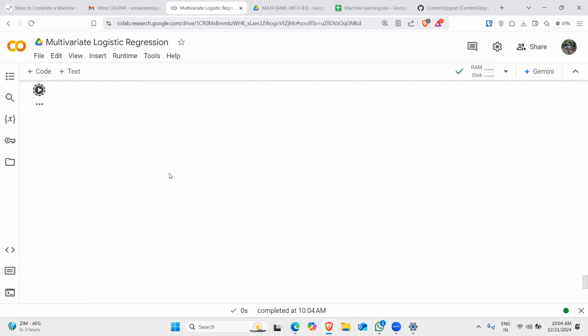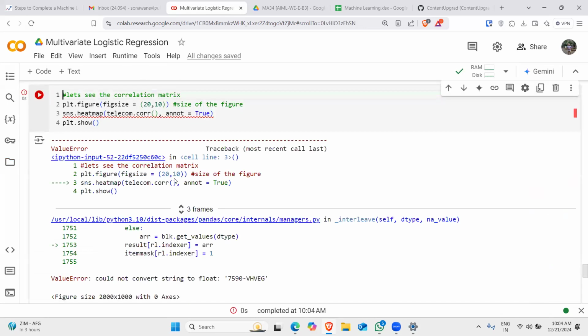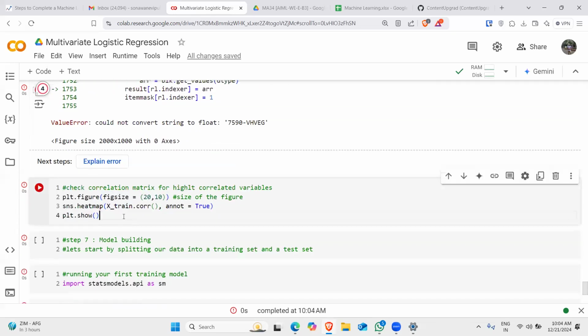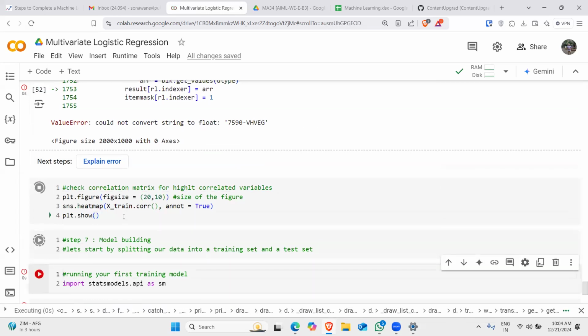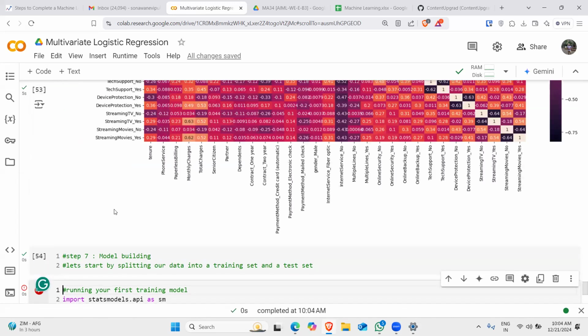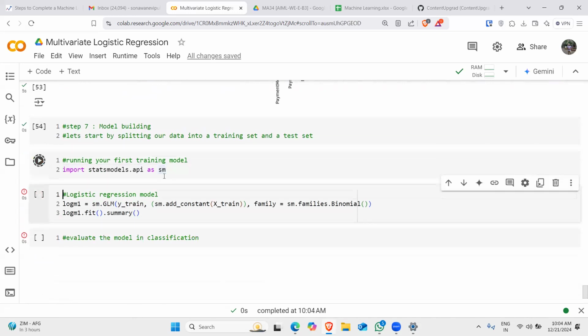And now what we are interested to do is find the confusion matrix. We are getting an error for this. Anyway, we'll evaluate the model in classification.